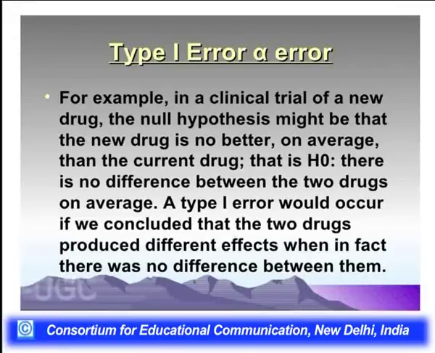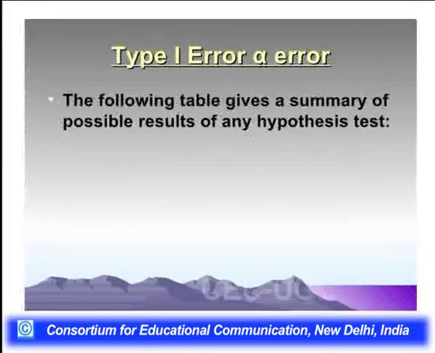For example, in a clinical trial of a new drug, the null hypothesis might be that the new drug is no better or different than the current drug. So this is H0: there is no difference between the two drugs on an average. A type 1 error would occur if we concluded that the two drugs produce different effects, when in fact there was no difference between them.